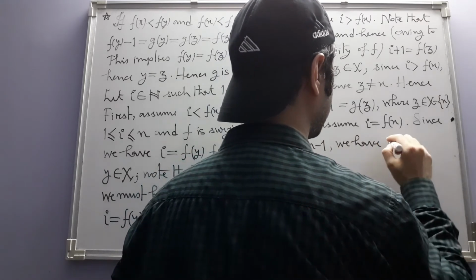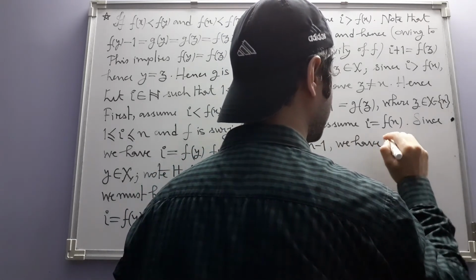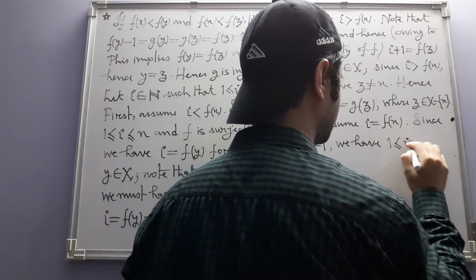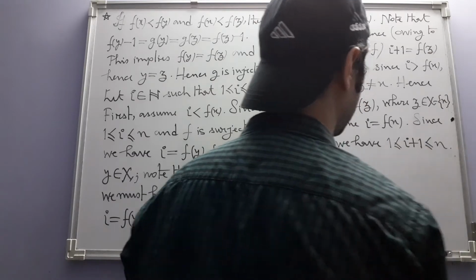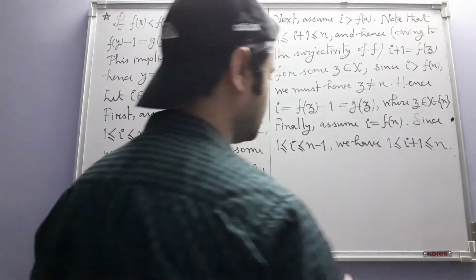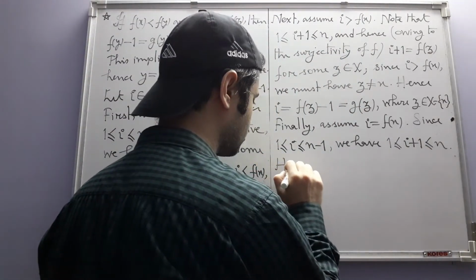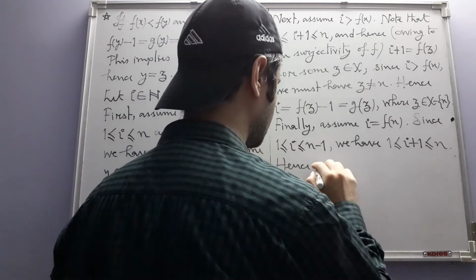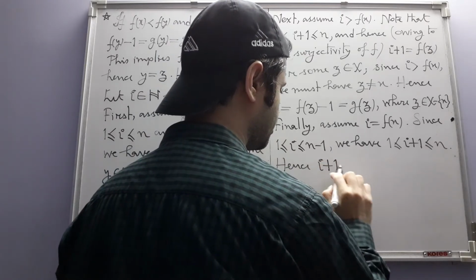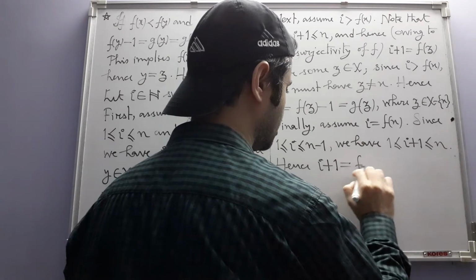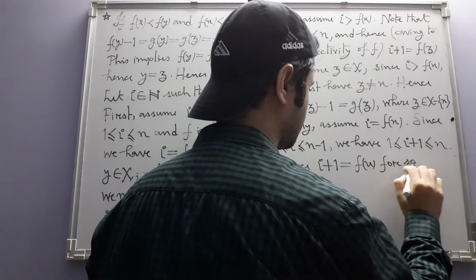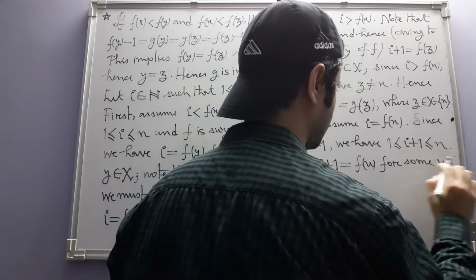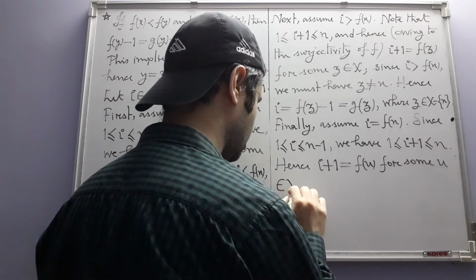We have I plus 1 also lying between 1 and n. Hence here also I plus 1 is equal to f of u for some u in x.